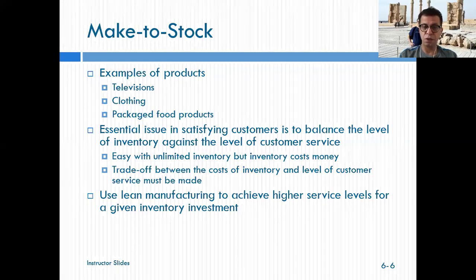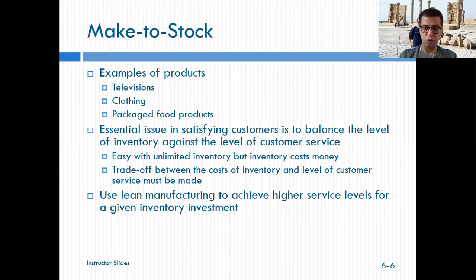An essential issue in satisfying the customer is to balance the level of inventory against the level of customer service. This is easy with unlimited inventory, but inventory costs money. So you don't want to have too much inventory waiting in the warehouse because this is going to cost you money. But at the same time, you want to offer the customers what they require and request.